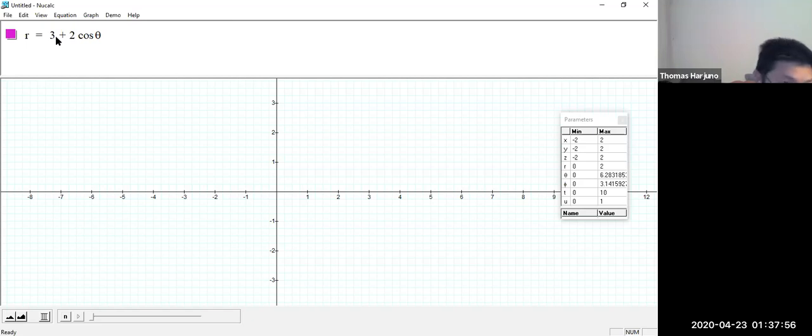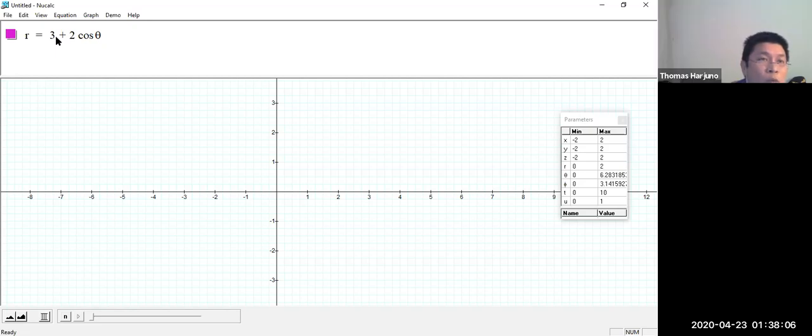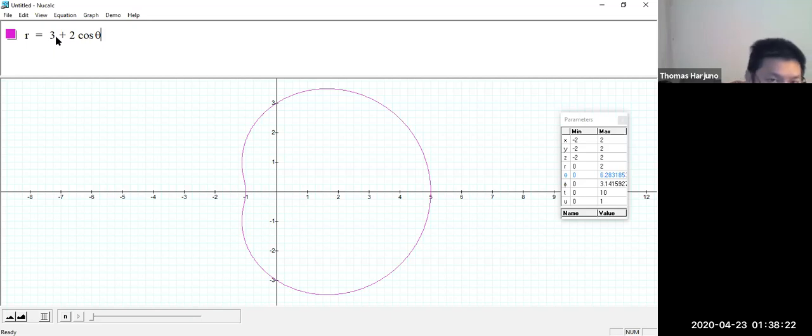No, I don't think so. Just 1, because 2 cosine theta will be minimum at -2, right? So 3 minus 2, the minimum is 1. Now, because the radius can never be 0, you will see that this limaçon will not touch the origin. And it is still symmetric with respect to the x-axis though. In this case, it doesn't have a loop. It doesn't even touch the origin.